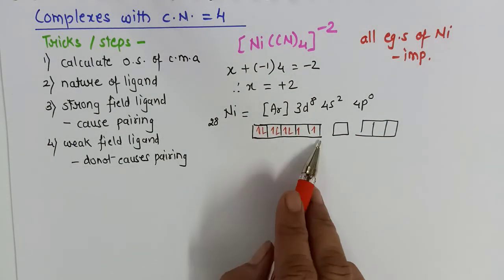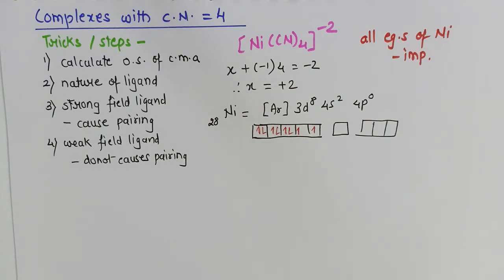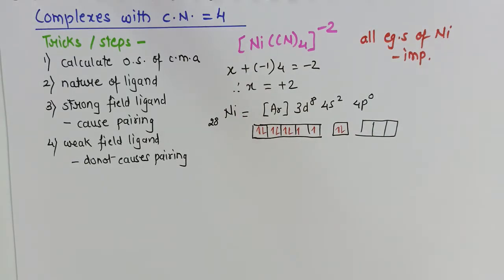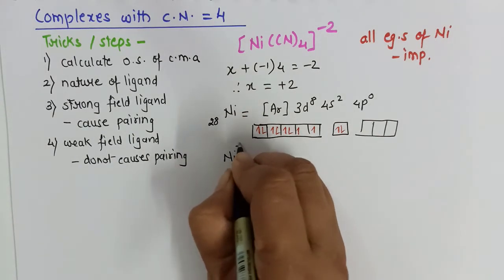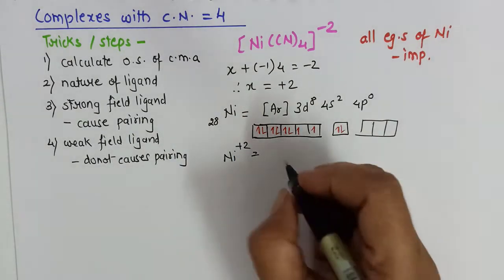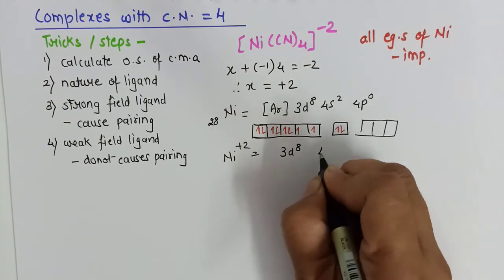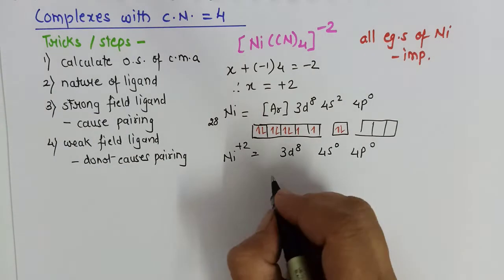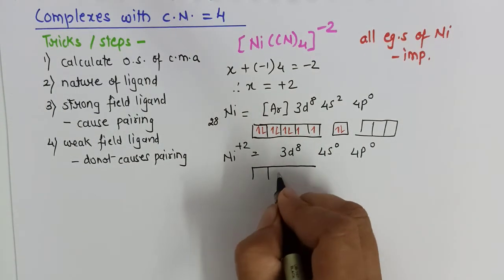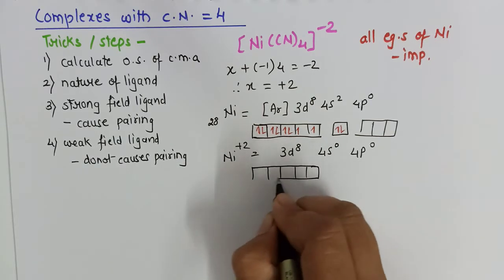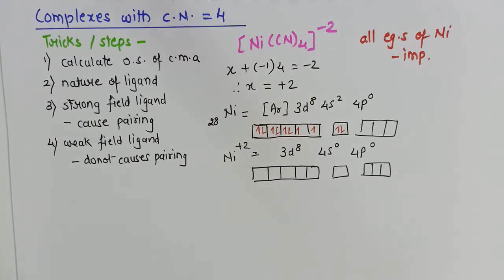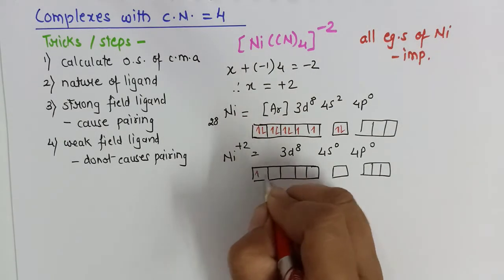We are doing this filling according to all the basic rules we have learned in class 11. Now the oxidation state of nickel in this is +2. So nickel in +2 will lose electrons from 4s2. So now the configuration becomes 3d8, 4s0, 4p0. The orbital representation now will have no electron in 4s as it will be lost.